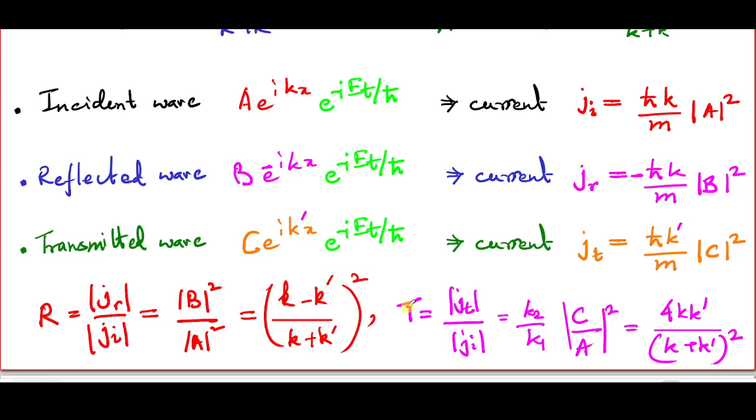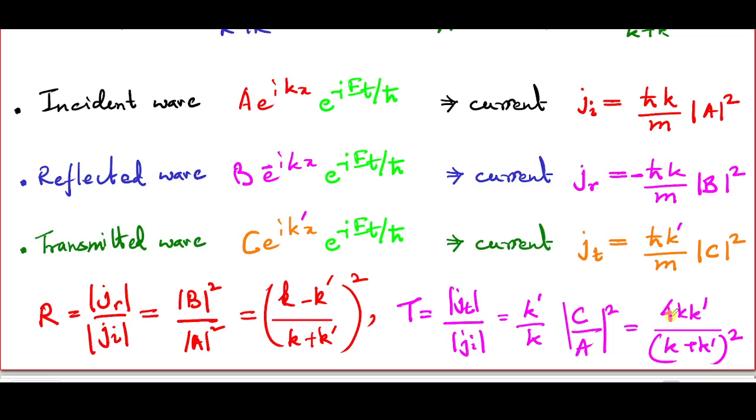The transmission coefficient, the probability that the particle is going to be transmitted, is mod Jt by mod Ji, and there you end up with k prime by k into mod c by a whole squared, which after a brief calculation works out to be 4k k prime by (k plus k prime) whole squared.